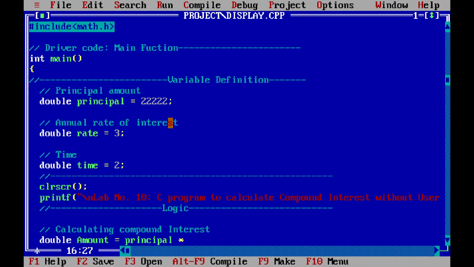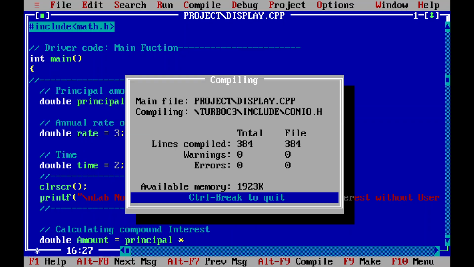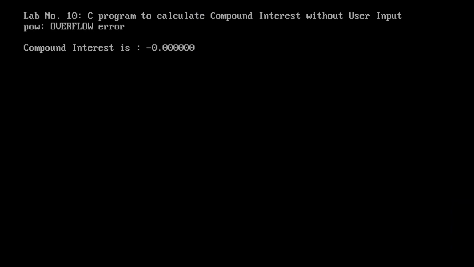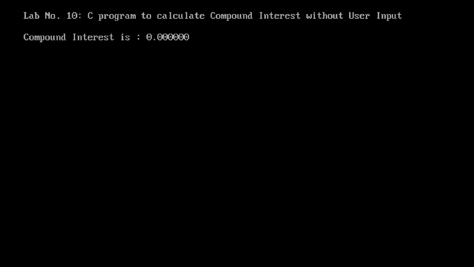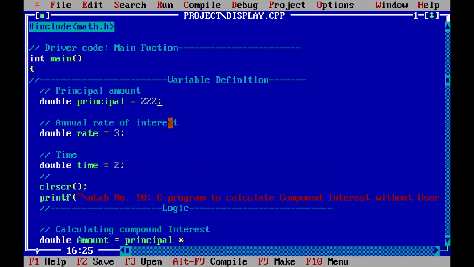So I have run it for you. Alt F9, no error, no warning, and the output is coming like this.